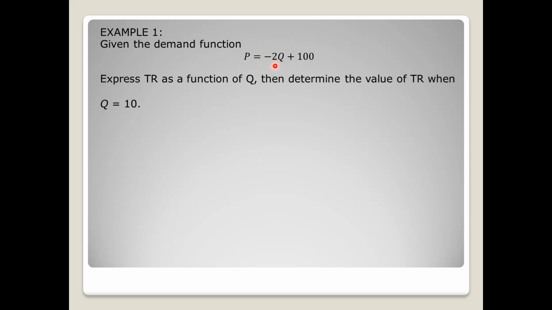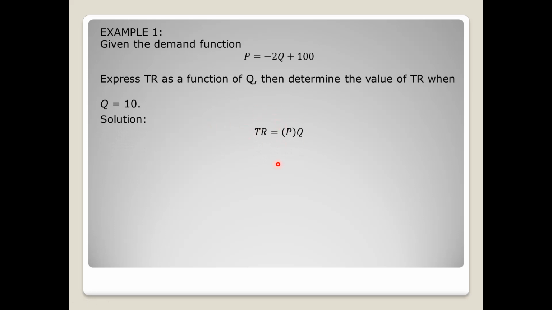Now we need to write an expression for the total revenue, TR, as a function of Q. And after that, we need to determine the value of the total revenue when Q equals 10. To solve this, we have to refer back to the definition of total revenue.